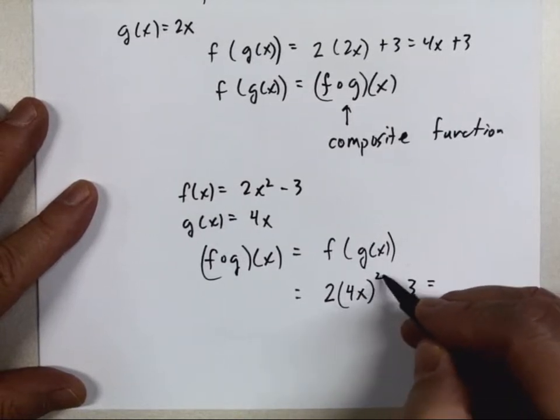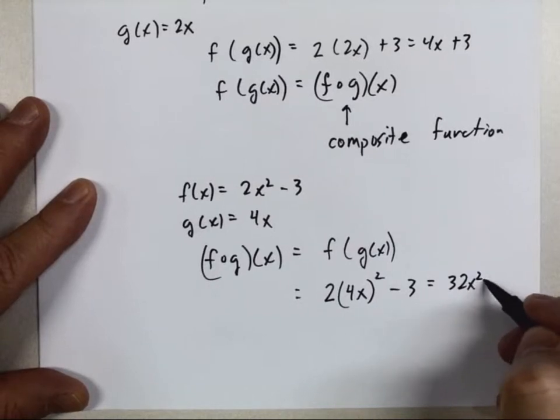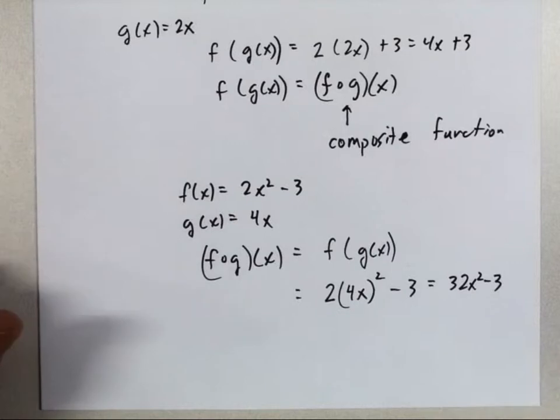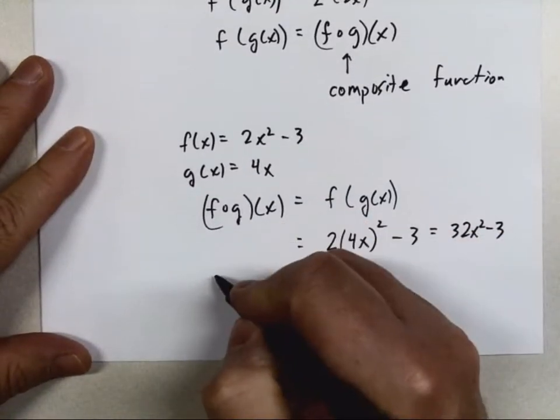Now if I were to simplify this, it would be 16. f composite g of x is 16x squared minus 3. All right, not very difficult. And you know what I could have done?